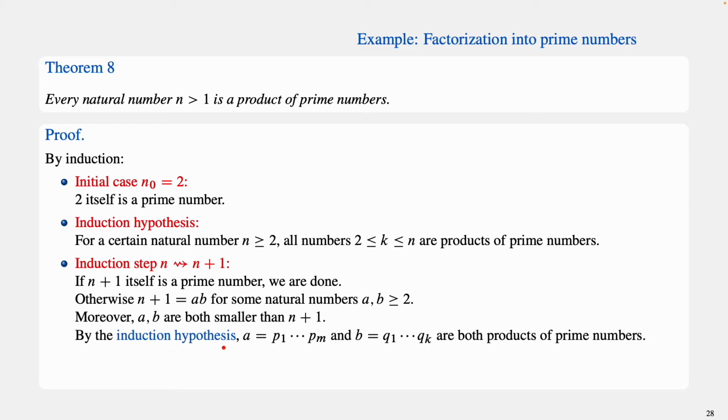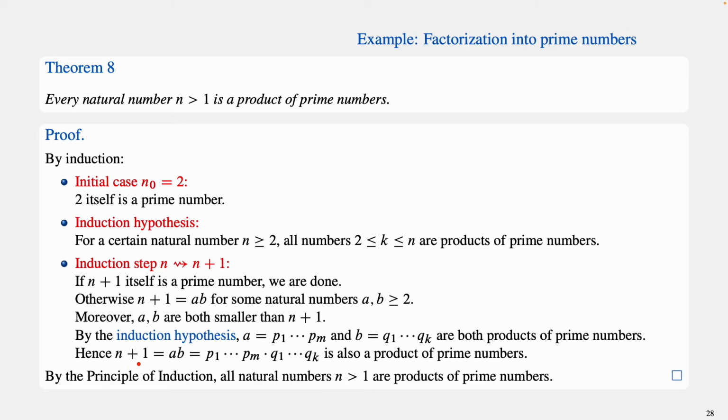So by the induction hypothesis, we can write both a and b as products of prime numbers. Let's say a is equal to p1 up to pm, and b is equal to q1 up to qk, where all of the p's and q's are prime numbers. It could be that some of the p's are actually identical, so that's not excluded, but it doesn't matter.